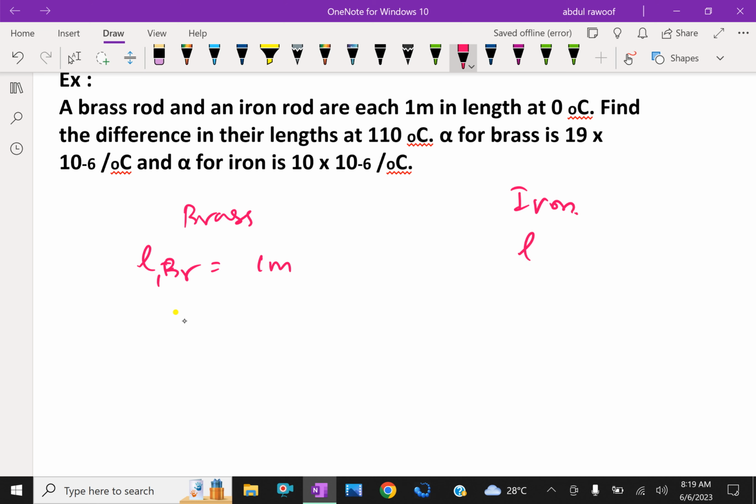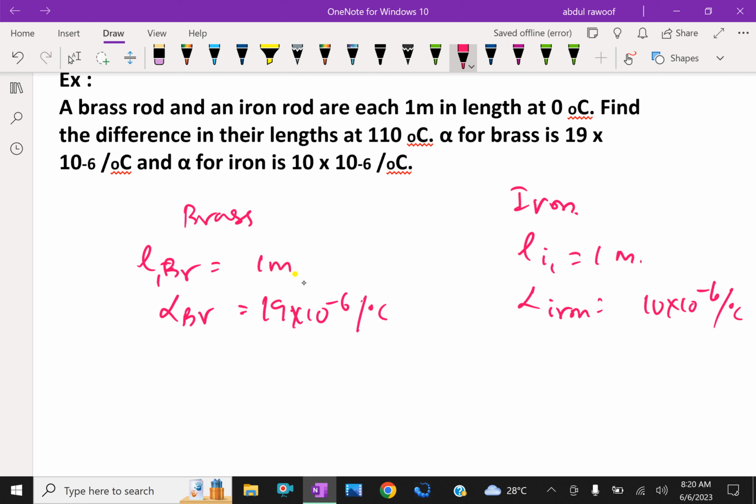Here, L iron 1 is also 1 meter. Then we can calculate alpha for BR. Alpha for BR is 19 into 10 raised to minus 6 per degree Celsius, and alpha for iron is 10 into 10 raised to minus 6 per degree Celsius.